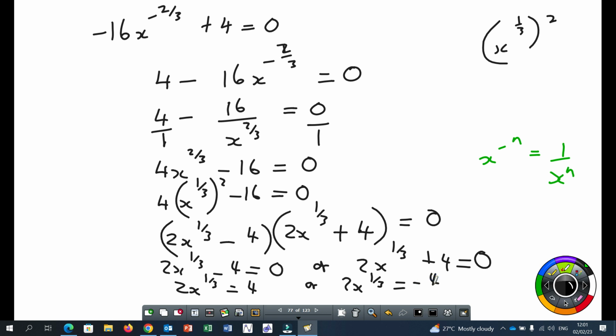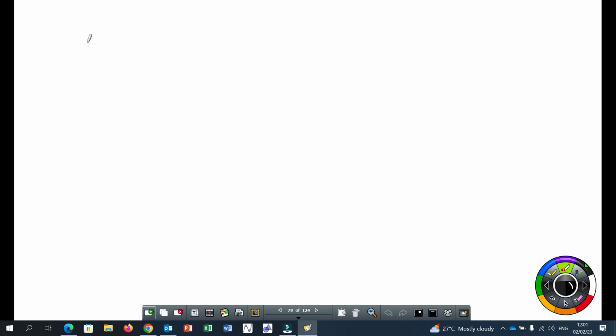Now, I hope you can see that we can divide both sides by 2. If I divide both sides by 2, I'll get x to the power of 1 over 3 equal to 2. The other one will give me x to the power of 1 over 3 equal to minus 2.